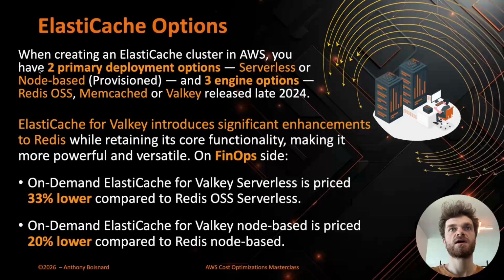And so ElastiCache for Valkey introduces significant enhancements to Redis while retaining its core functionality, making it more powerful and versatile. And on the FinOps side, on-demand ElastiCache for Valkey serverless is priced 33% lower compared to Redis OSS serverless, and on-demand ElastiCache for Valkey node-based is priced 20% lower compared to Redis node-based.